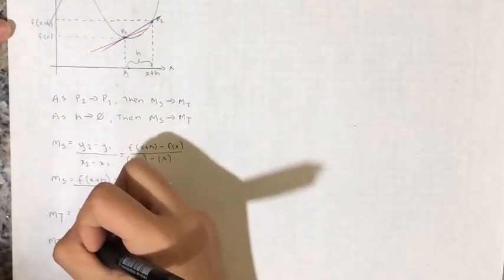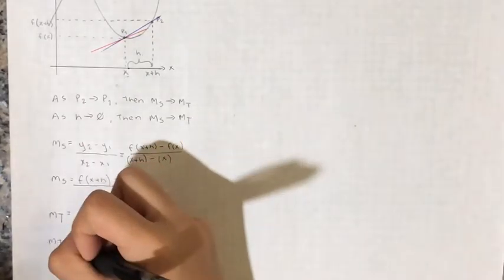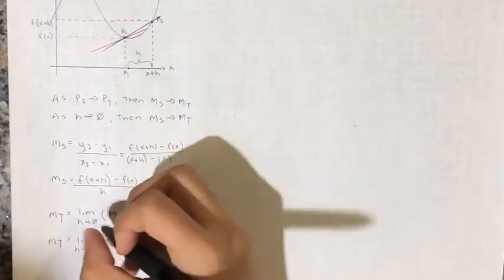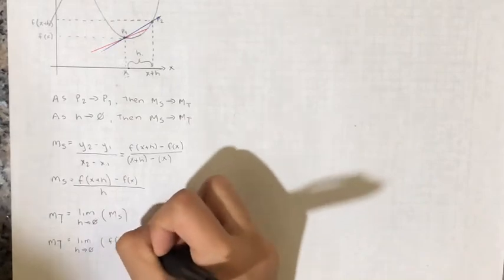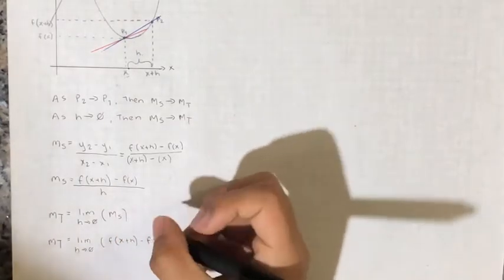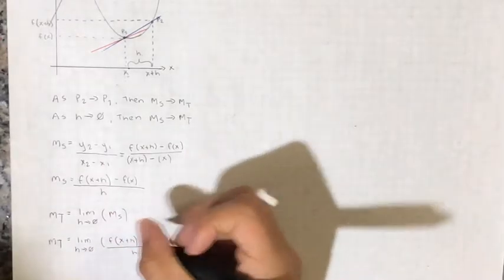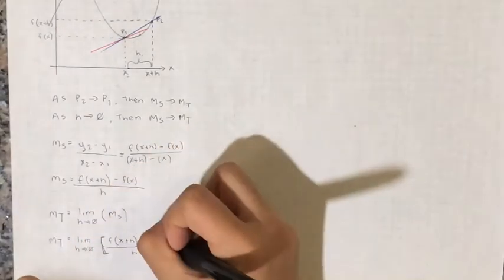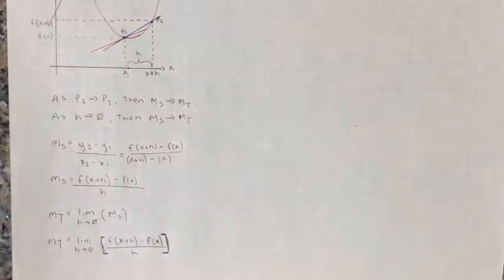The slope of the tangent line is equal to the limit as h approaches 0 of [f(x plus h) minus f(x)] over h. My bad, this should be in brackets instead of parentheses. It makes it easier.